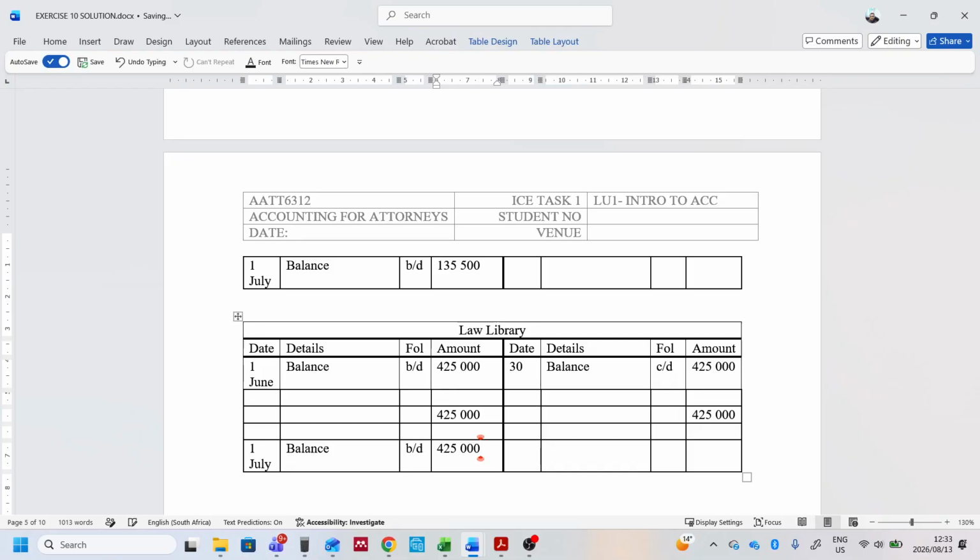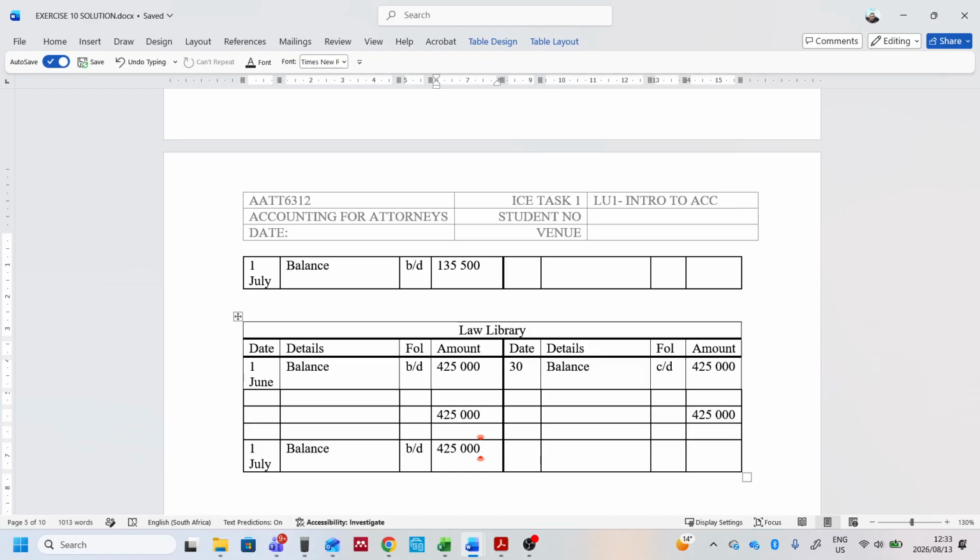So if you remember our previous lesson, all assets, yes, I'm going to come to you, all assets, amount owed, amount owing, these are the amounts that we will continue with in the next coming financial period.